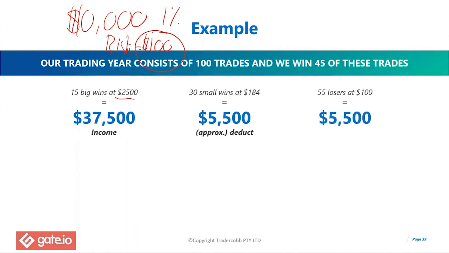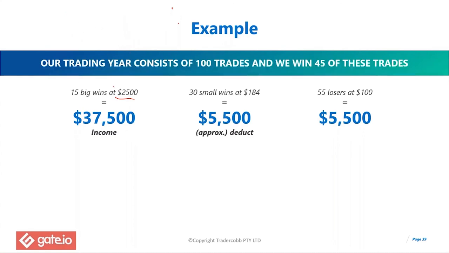Now, again, this is purely to illustrate a point, because if you've got an account of $10,000, and let's say you hold it all in Bitcoin or Ethereum or whatever, if one of your first trades is that, then you're now not trading off 10,000, you're trading off 12,500.